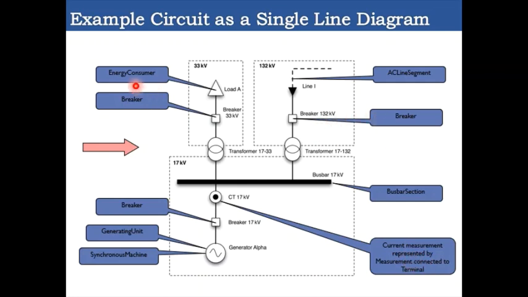We also need breaker objects for these two segments, and then we also need AC line segment class for this section, and then we also need energy consumer for representation of the load. So using the basic understanding about the common information model, you can find out what are the various classes you need to represent the particular circuit.